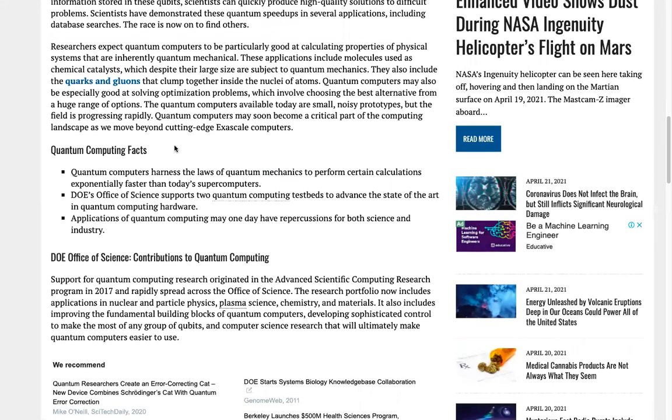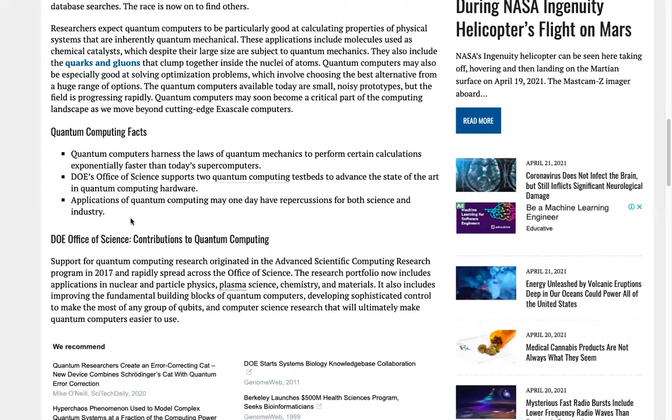So, quantum computing quick facts. Quantum computers harness the laws of quantum mechanics to perform certain calculations exponentially faster than today's supercomputers. DOE, that is Department of Energy Office of Science, supports two quantum computing testbeds to advance the state of the art in quantum computing hardware.